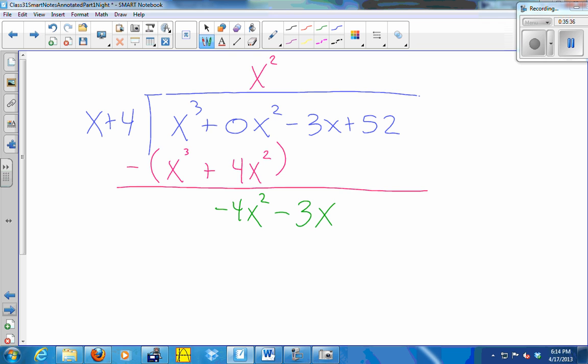Then you repeat. Go back to the beginning. What do you multiply x by to make negative 4x squared? Negative 4x. Then you multiply your negative 4x times your x plus 4. Distribute it to both terms. Negative 4x times x is negative 4x squared. Negative 4x times 4 is negative 16x.